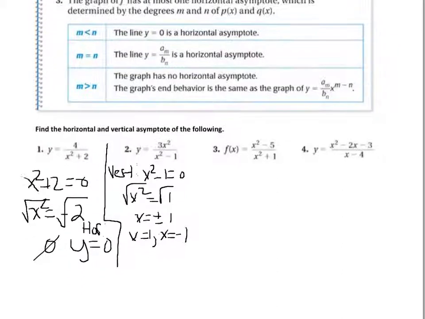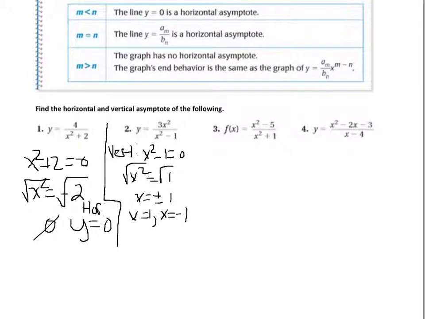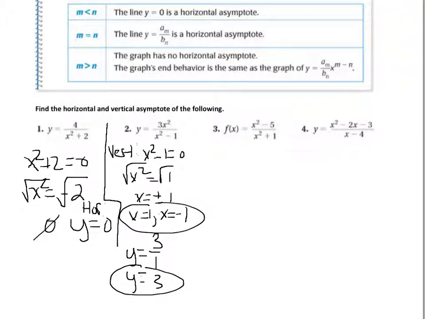The horizontal for that, well, the degrees are the same on the top and bottom, so you say y equals 3 divided by 1, so it's y equals 3. Okay? These are very important pieces that you will have to graph. Okay?